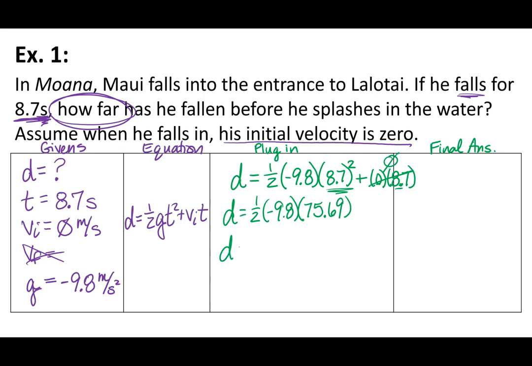Next step is, let me put these two together. So it's 1/2 times negative 9.8. If I put that into the calculator, I will get negative 4.9.